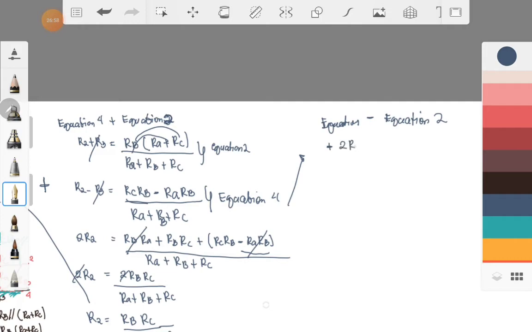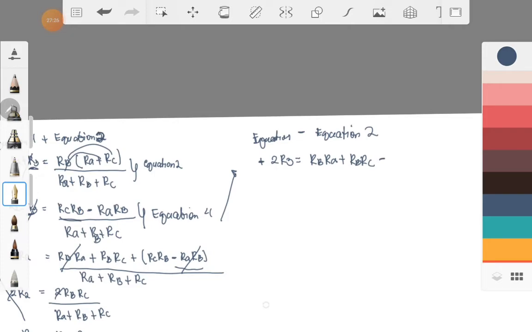Positive 2R3 kasi negative R3 minus R3 is equal to positive 2R3 which is equal to our RB RA plus RB RC minus our RC RB minus your RA RB divided by the similar denominator which is equal to RA plus RB plus our RC.